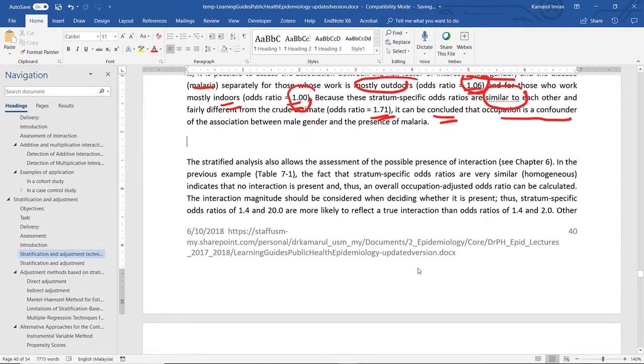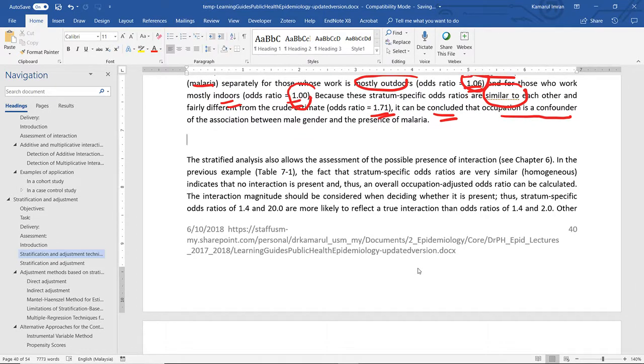Now, the stratified analysis can also allow for the assessment of the possible presence of interaction. In this case, the stratum-specific odds ratios are very similar or homogeneous, so this indicates no interaction.